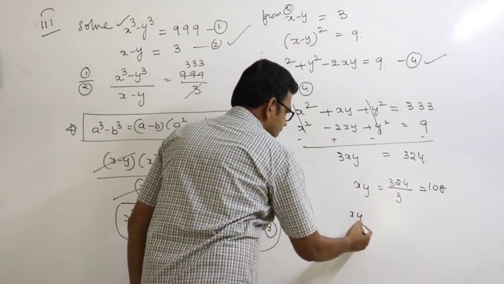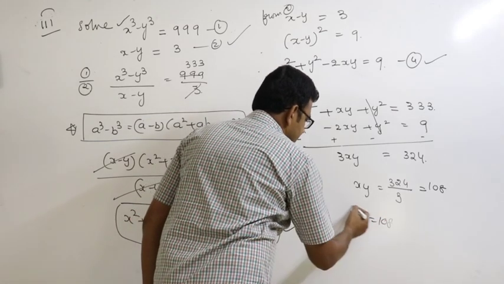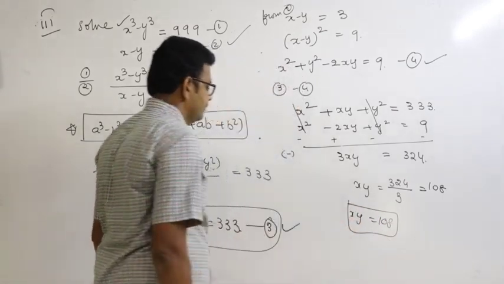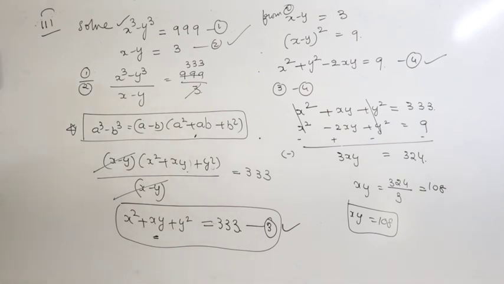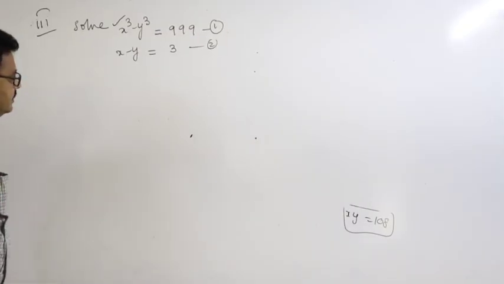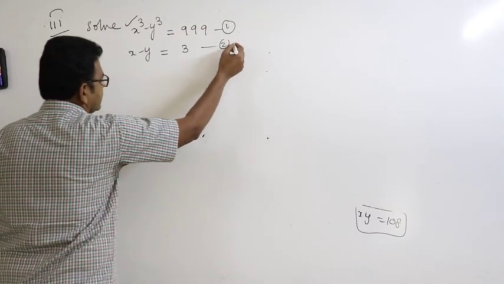Therefore, xy is equal to 108. Write down. Okay. So again from this one, there is a routine process.